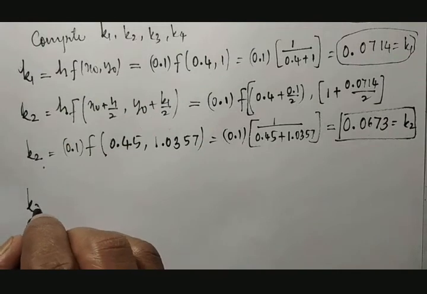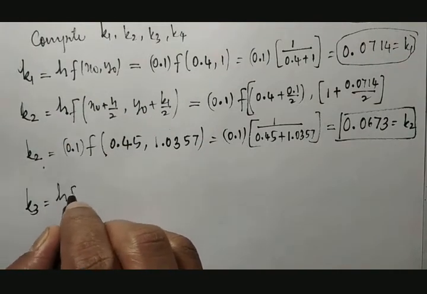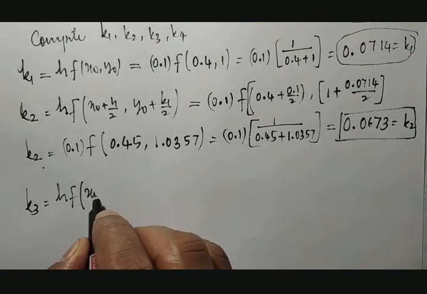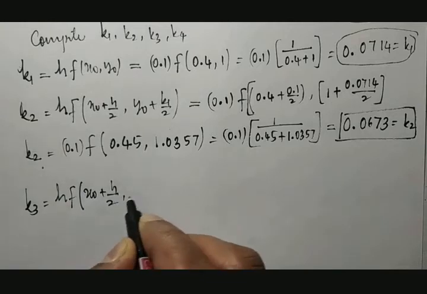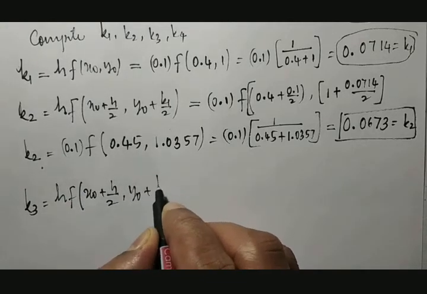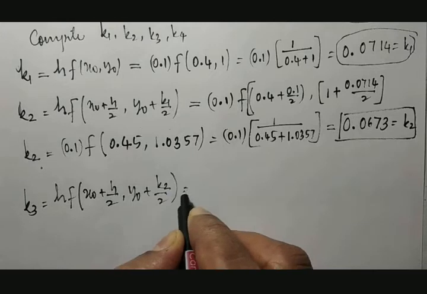Okay, next let us calculate K3. K3 is equal to h into f of x naught plus h by 2, comma y naught plus K2 by 2.